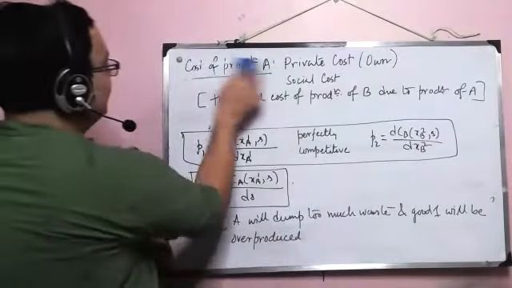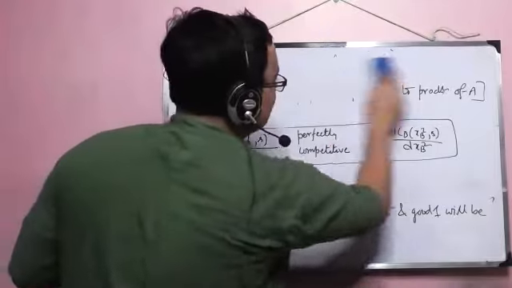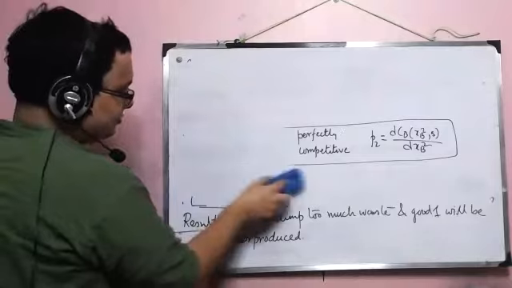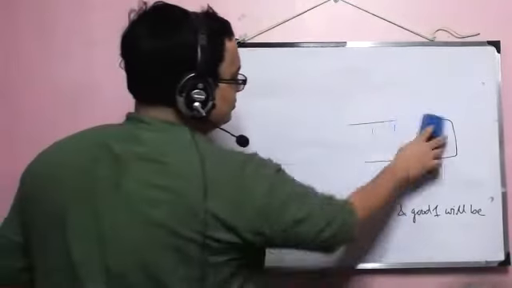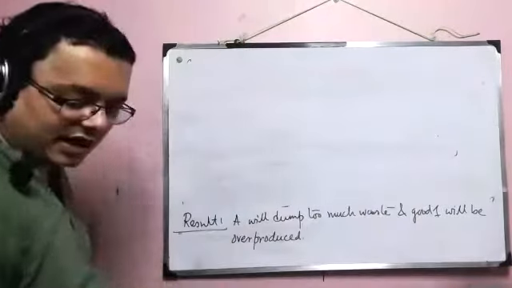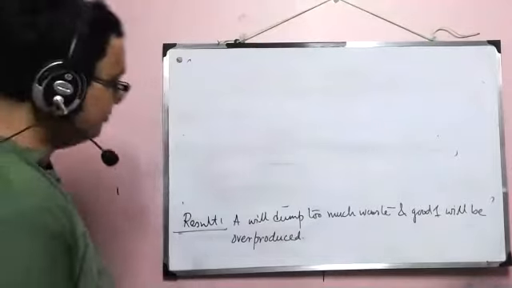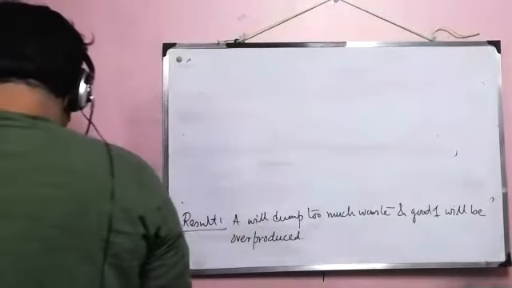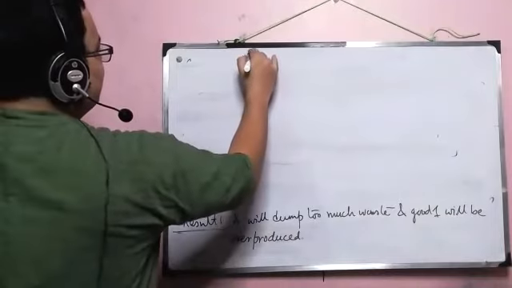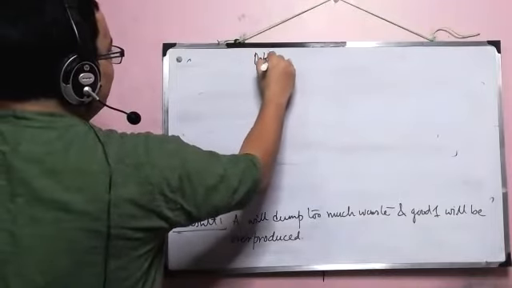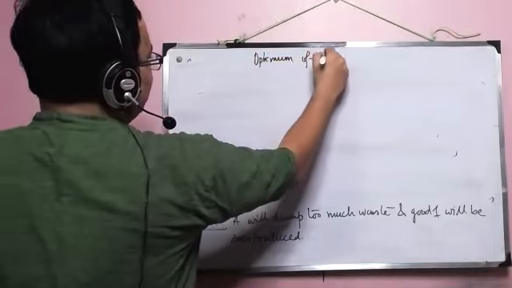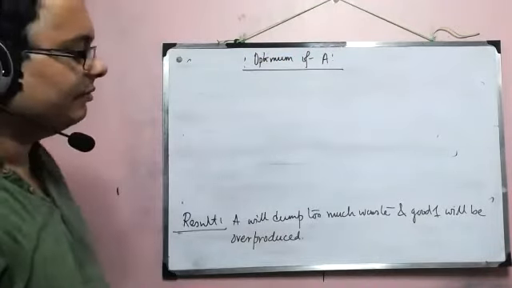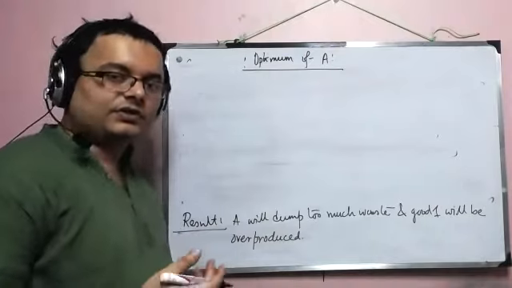Now I'm going to erase this. So let's look at the diagram, which will reproduce this result. So, optimum of A. Now this is a demand supply diagram, okay?